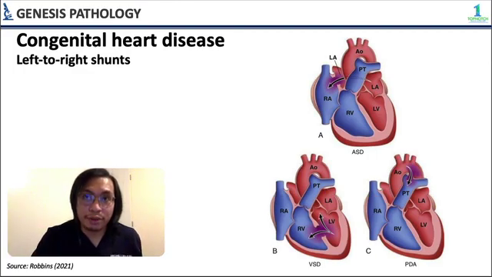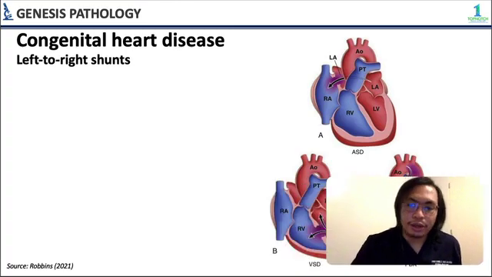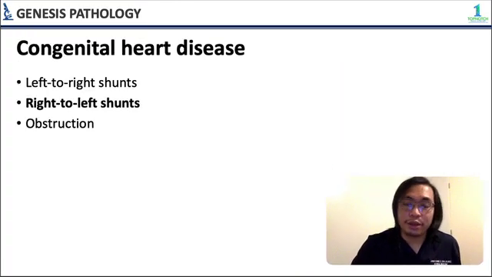Okay? It allows oxygenated blood to be pumped throughout the systemic circulation. If you don't have a patent ductus arteriosus and you have cyanotic heart disease, for instance, a transposition of great vessels, they die.